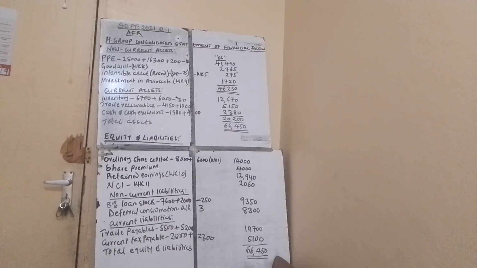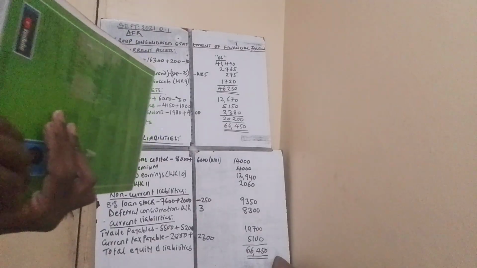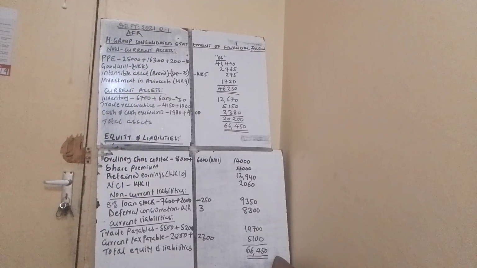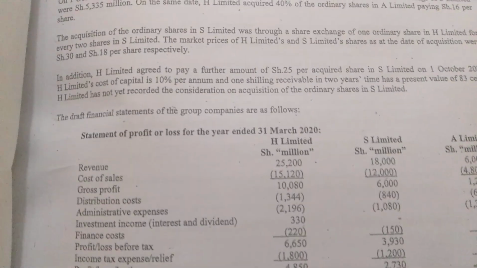Now let's continue analyzing our question. I want to analyze another important point there. Now you can write working number 1. You write purchase consideration to acquire S Limited. How much did we spend to acquire S Limited? Now, we want to see how much we paid to acquire that particular company.